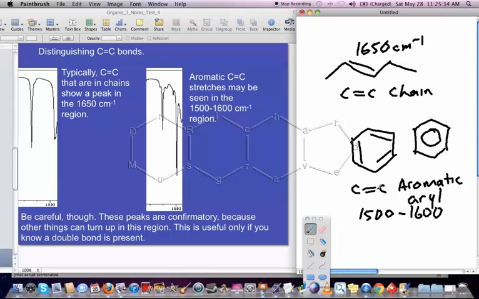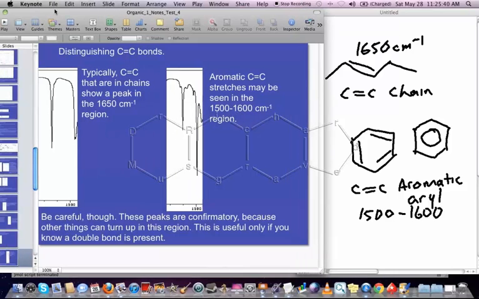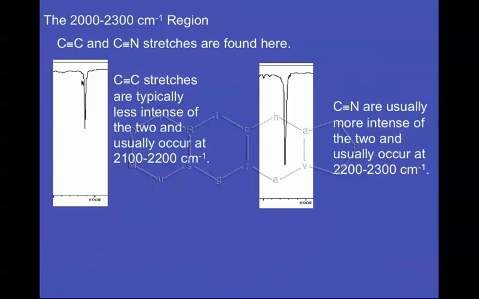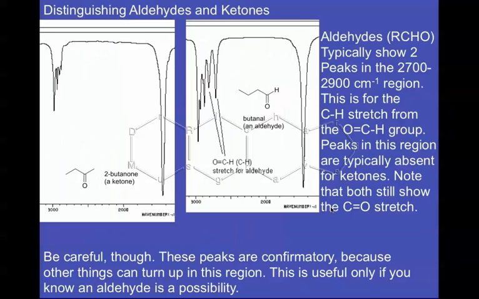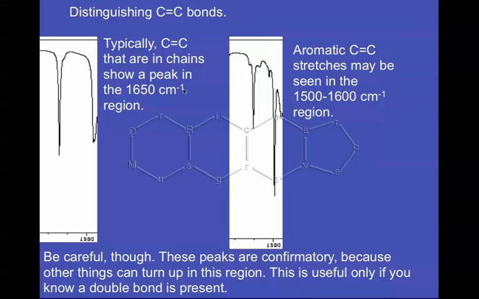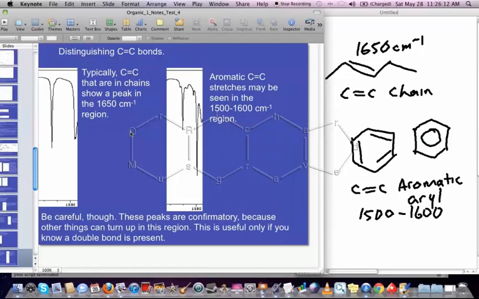But if you know you've got a C double bond C in your compound, because you see peaks between 3000 and 3100 due to a CH connected to a C double bond C, then what you could do is look down in this region and see what kind of peaks you see in the 1500 to 1600 and the 1650 region, and that will allow you to possibly identify what kind of C double bond C you might have.